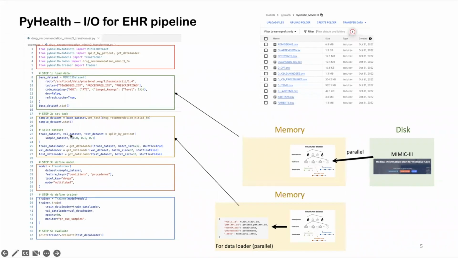And then the second part, as we mentioned before, step 2, is to set a machine learning healthcare task on top of the dataset. Then in step 3, we define a model, train the model, and then do the evaluation. As suggested by these module names and argument names, it's pretty clear how to use these APIs and what their functions are.